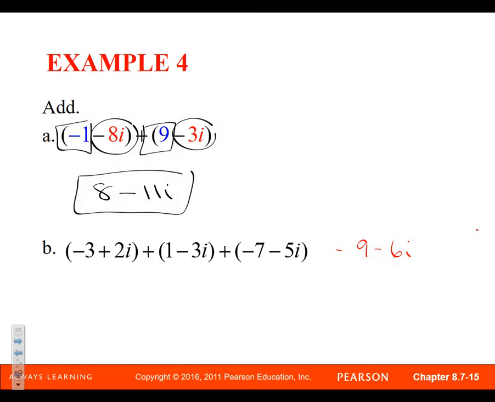Anybody else get something different for the last one? No, that's reasonable. Are we done? -9 plus, minus, wait. Polito, what did you get? Can you verify that solution?